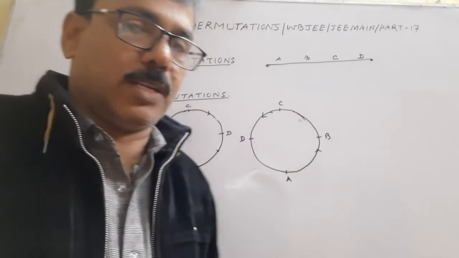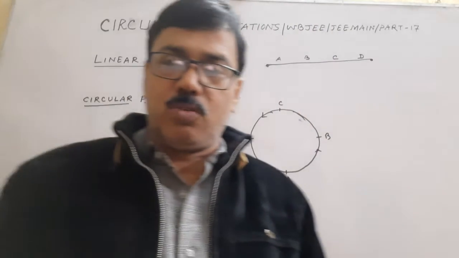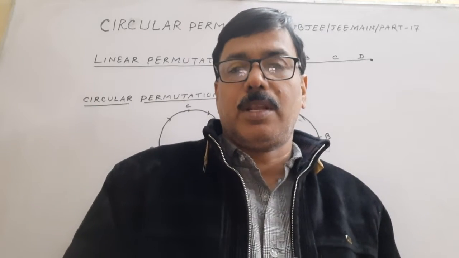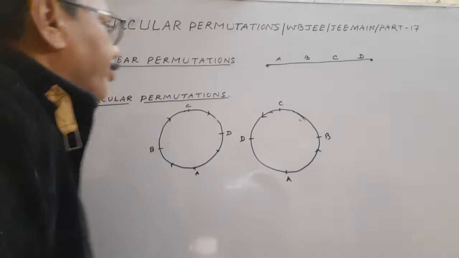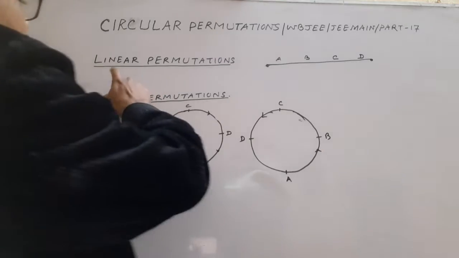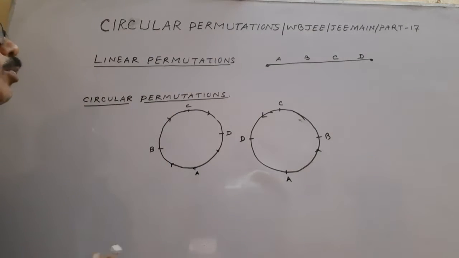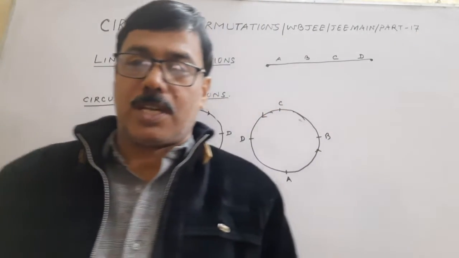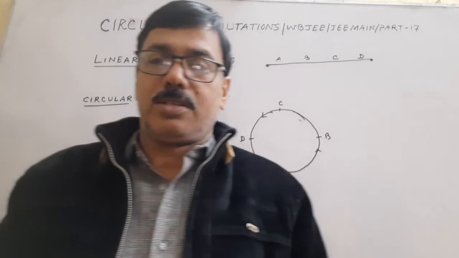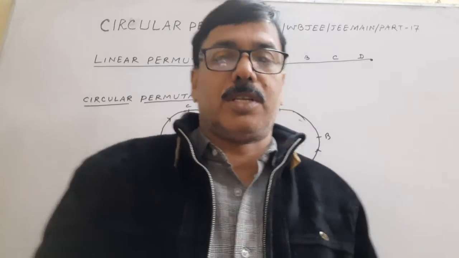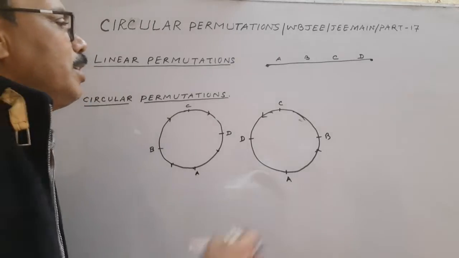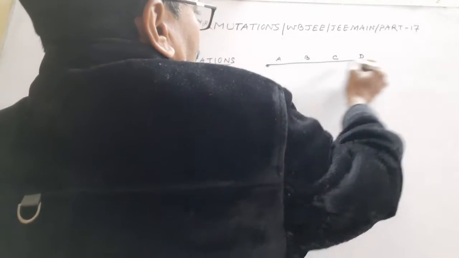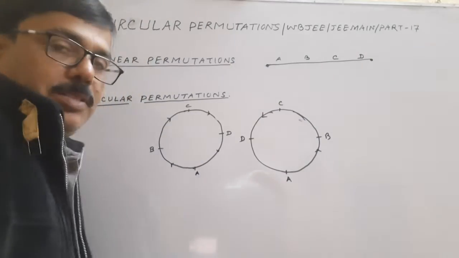linear permutation. By permutation, we always mean linear permutation. So what is linear permutation? If things are arranged along a straight line or along a row, then this type of permutation is called linear permutation. In case of linear permutation, there are two endpoints.